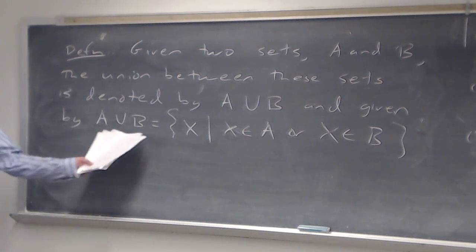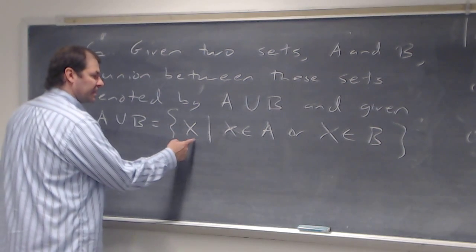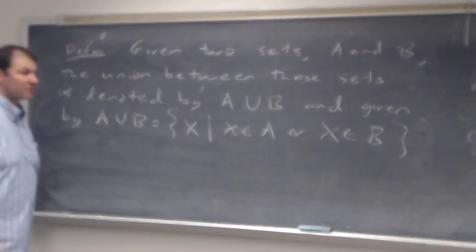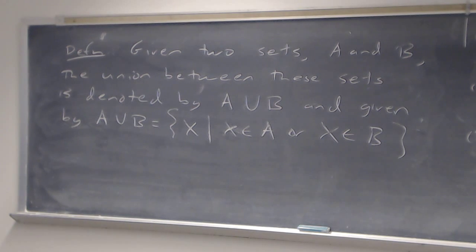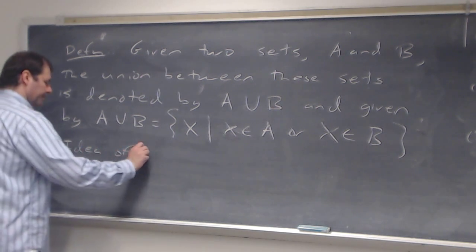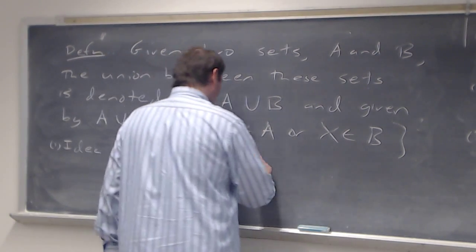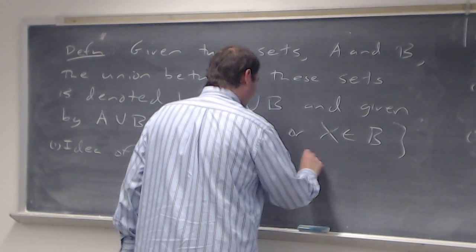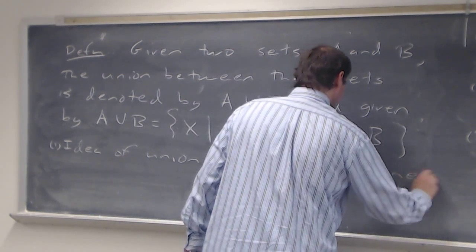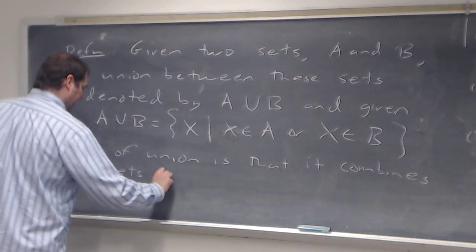So to be in the union, and it's indicated with the cup going up, looks like a U, you're an object that is either in the first set or the second set. So to be in the union, you've got to be in at least one of the sets. Might be in both. So the idea of union is that it combines the sets together.